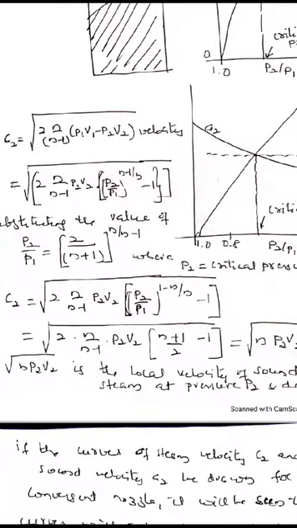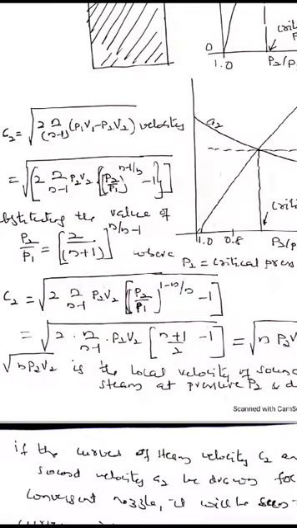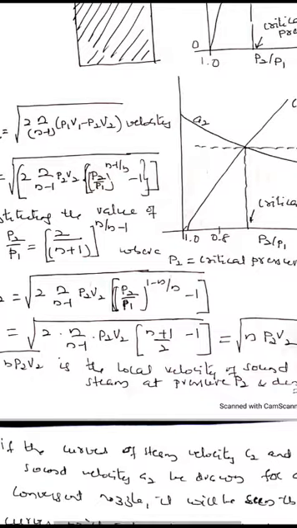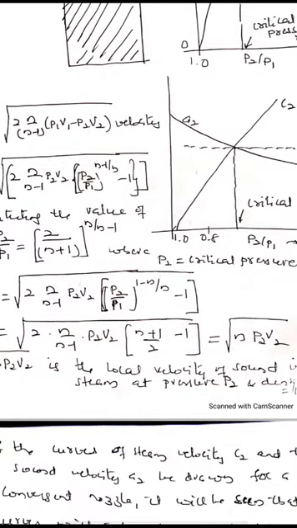So the velocity of steam obtained at the throat for maximum discharge is equal to root of n P2 V2. But root of n P2 V2 represents the velocity of sound in the steam at pressure P2 and V2.